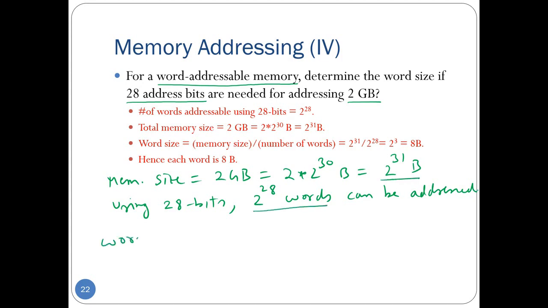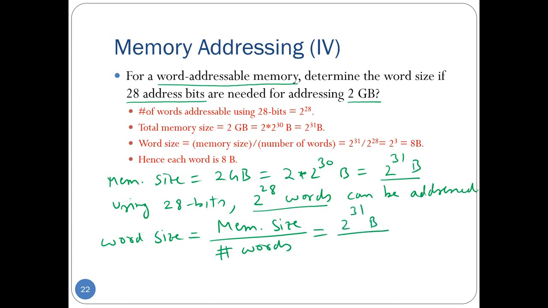So the word size would be given by memory size divided by the total number of words in the memory, right? That is basically 2 to the power 31 bytes divided by 2 to the power 28 words. So this is simply 2 cube bytes, which is basically 8 bytes. So this is the size of the word, 8 bytes.